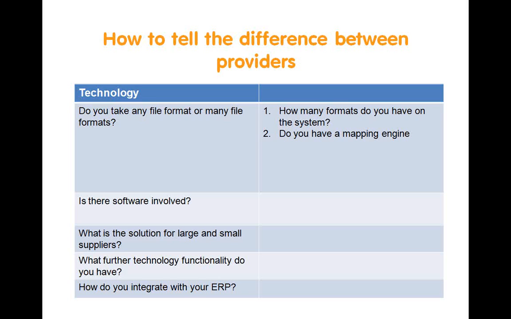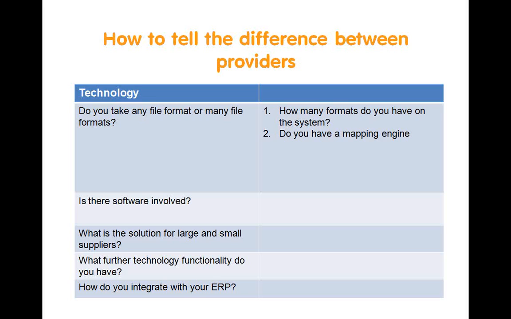Also, if they genuinely do take any file format, then they should have some kind of mapping functionality going on within their four walls, because they're drawing up unique maps for each of their suppliers. So that's another indicator that they will actually take any file format. The many file format providers may have a list of file formats that you can select from.